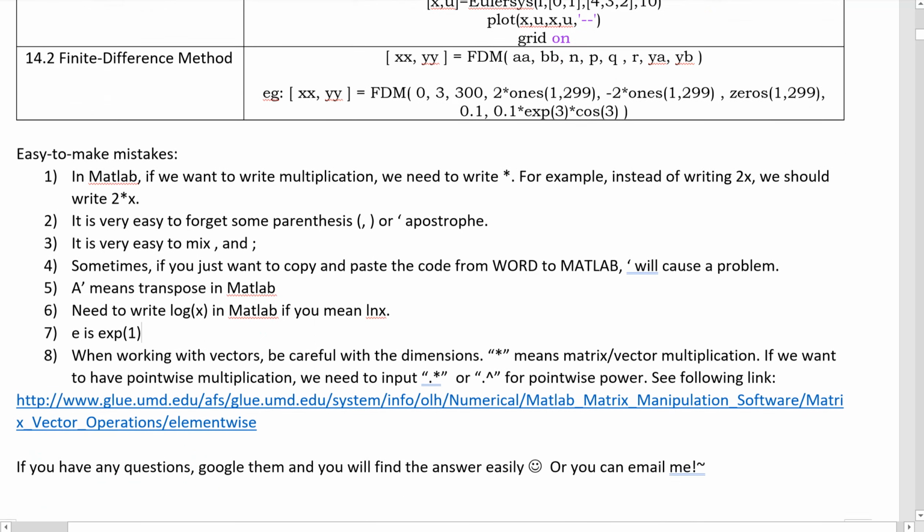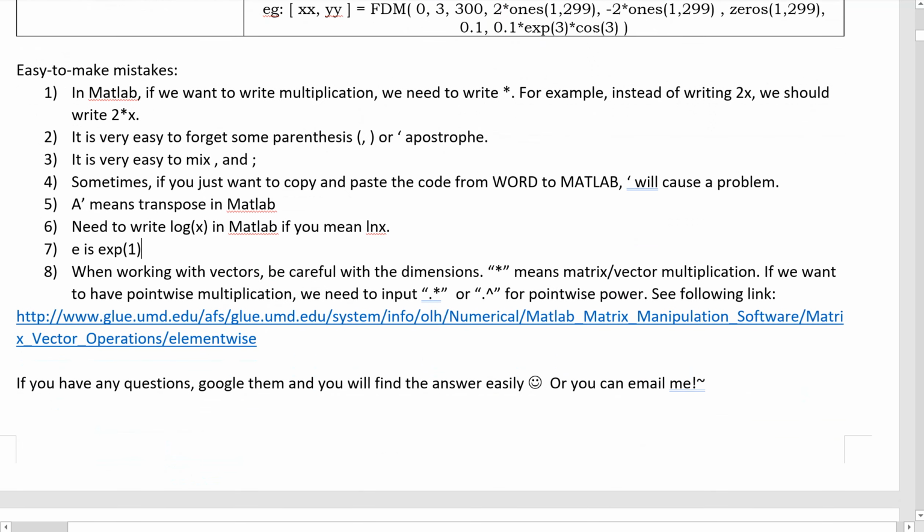When working with vectors, be careful with the dimensions. Here the asterisk means matrix-vector multiplication. If we want point-wise multiplication, we have to put a dot in front of it. Or if we want a point-wise power, like each entry of a vector raised to the power of 2, then you should write dot hat 2.